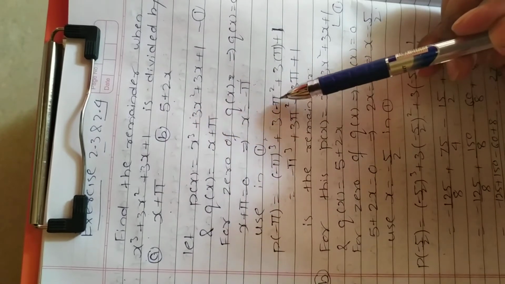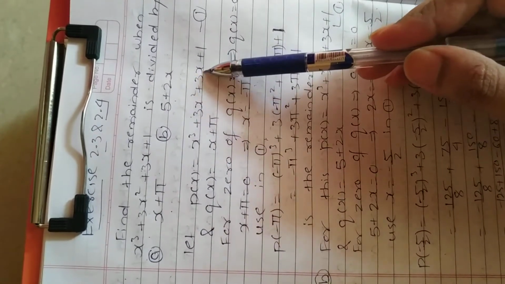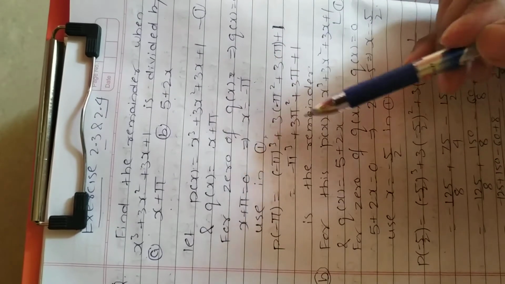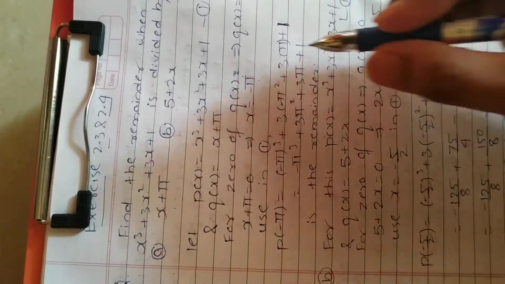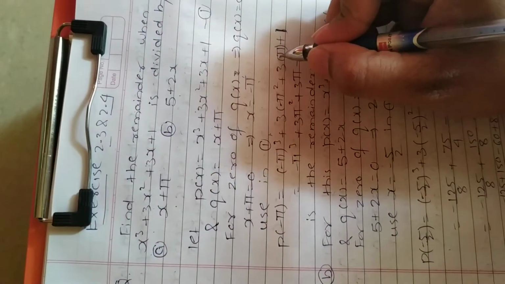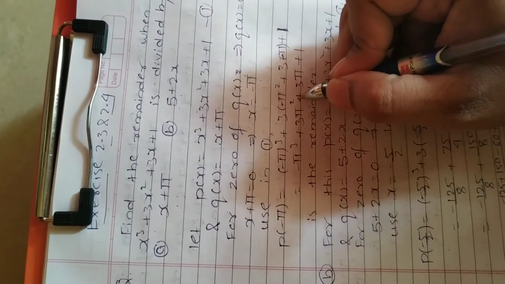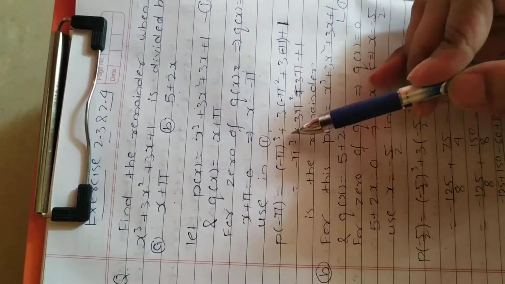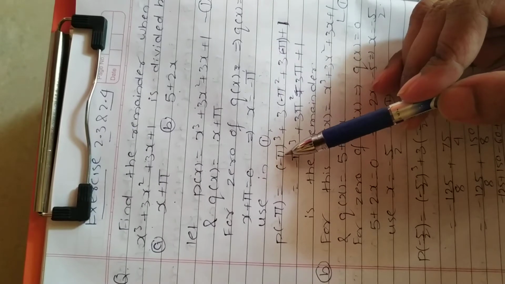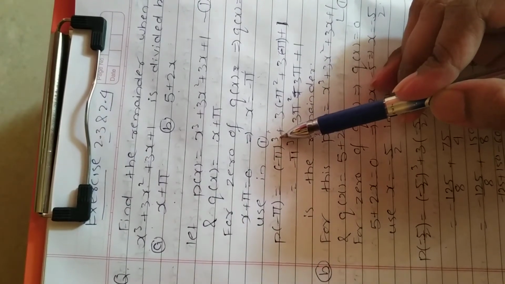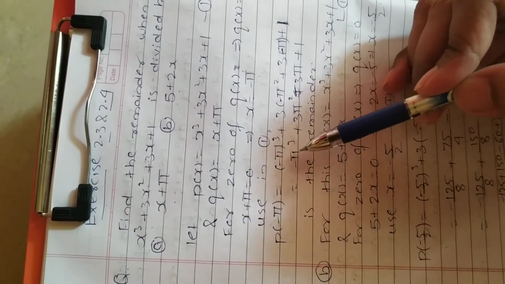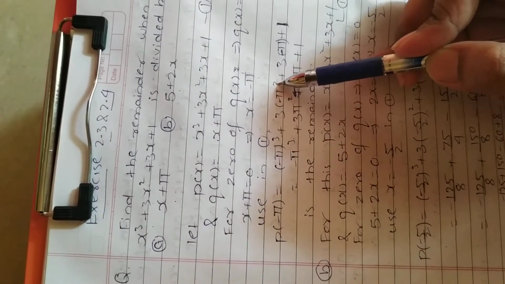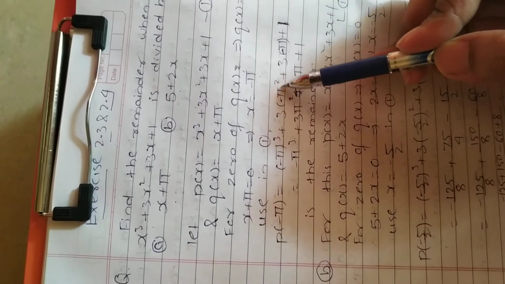So what we get here? Minus pi cube. As we know that a negative number having odd power, odd index, produces a negative result, that becomes minus of pi cube. Minus pi, its power is 2, which is even, that's why it is plus of pi square.